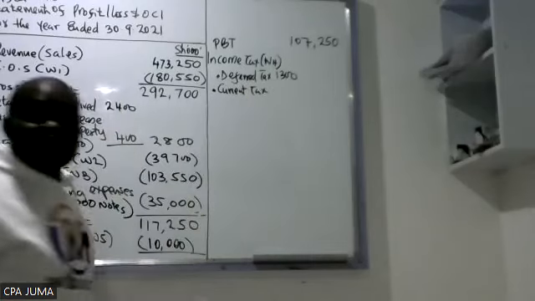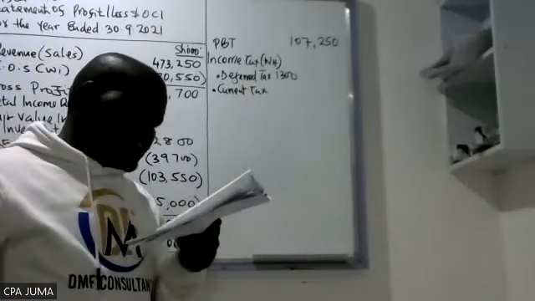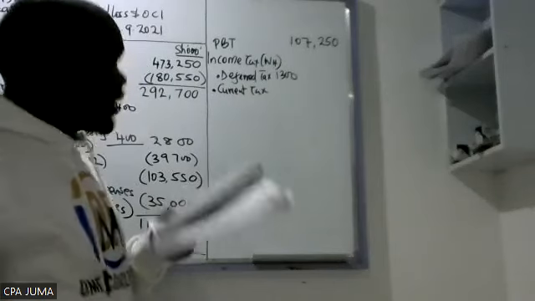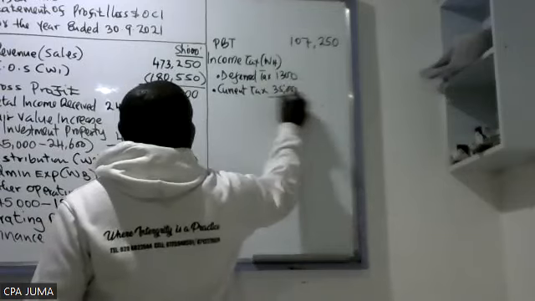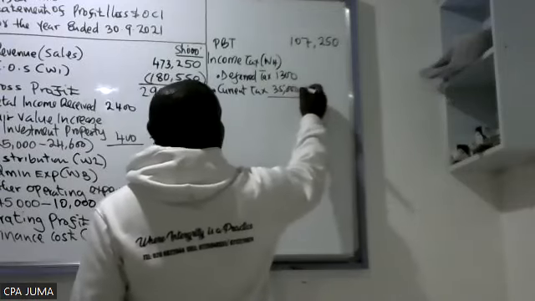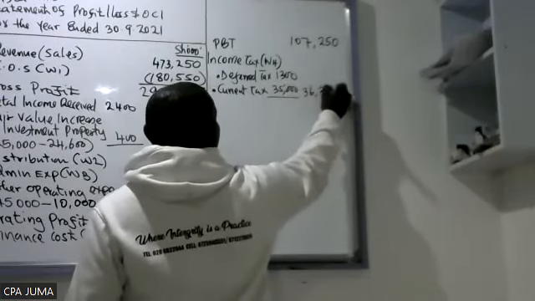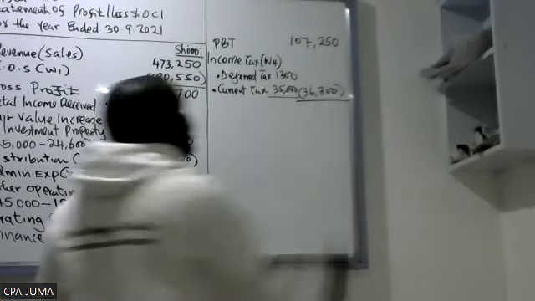It was an increase, so increase is an expense. Current tax, check note number 9, 35. So it will be 36,300 in total.